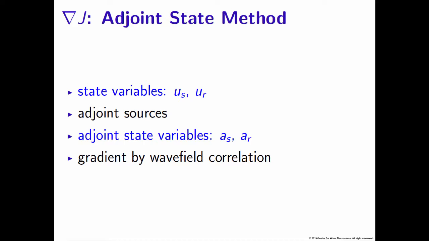And we construct the adjoint state variables by translating the error measured by the objective function into an adjoint source that will carry the model error information. Then we correlate the adjoint state variables with the state variables to produce the gradient.